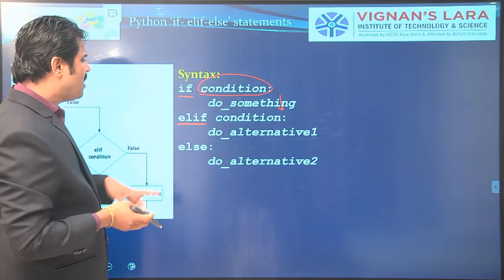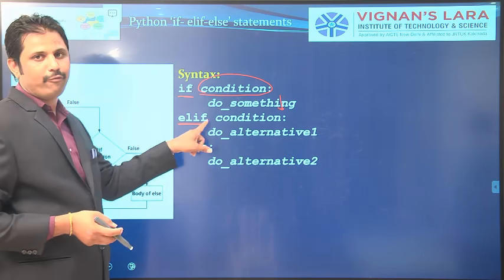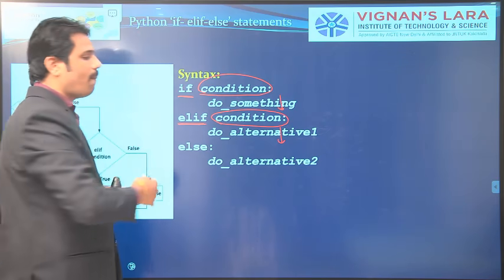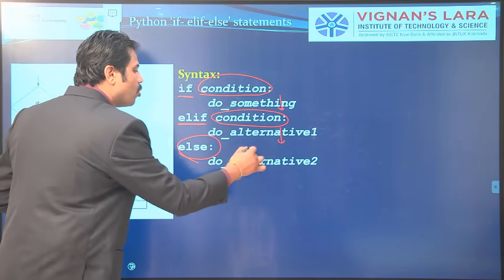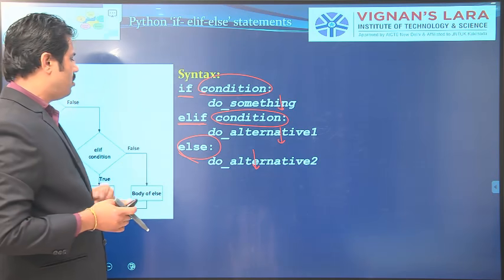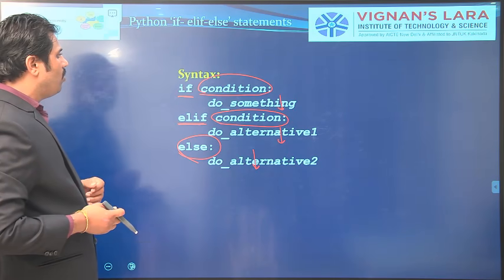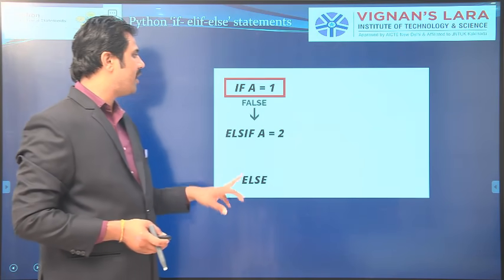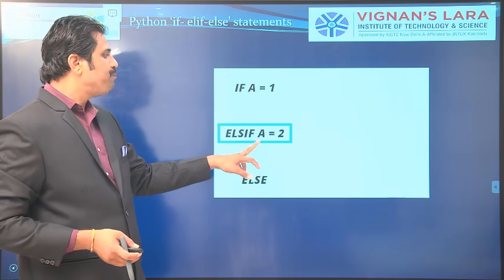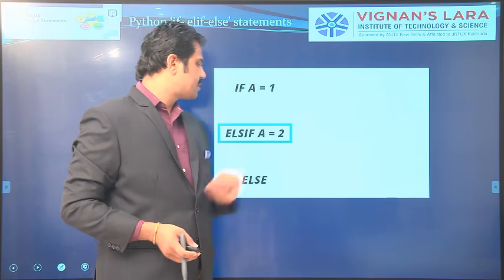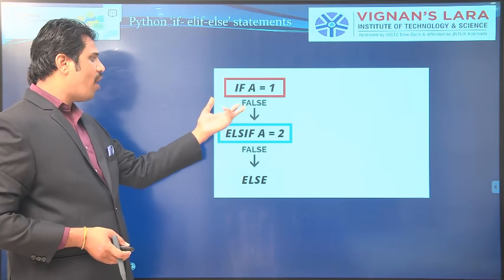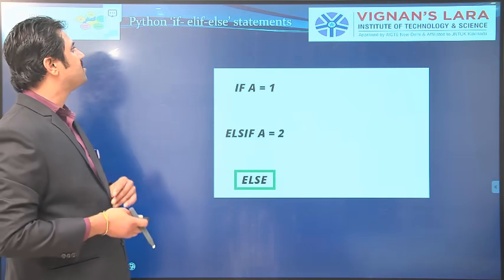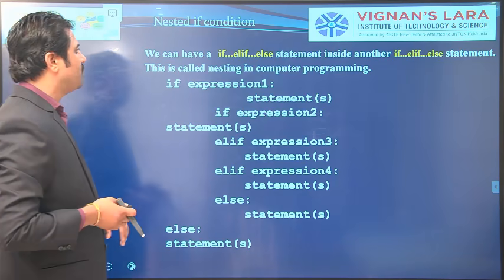Let us observe the spelling of elif. If the elif condition is true, it executes the elif block. Otherwise, it goes to the else block. If a equals 1 is true, it executes the expression, else elif. If both are false, only then does it go to the else block. Okay, so this is just the representation.